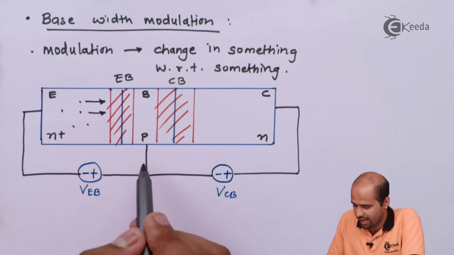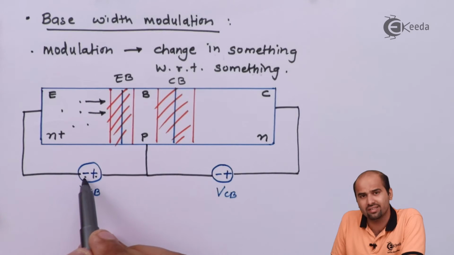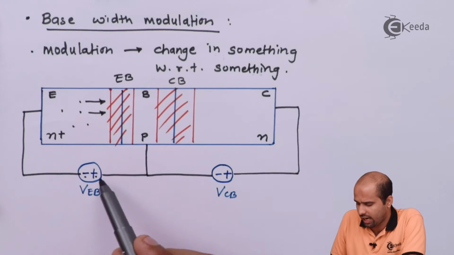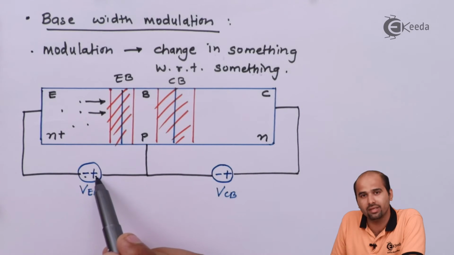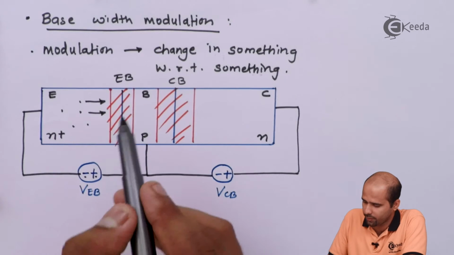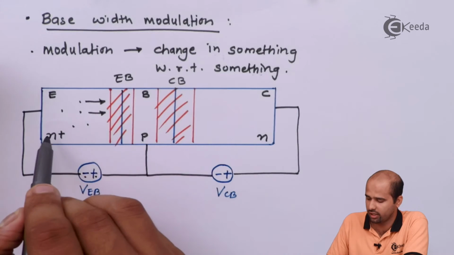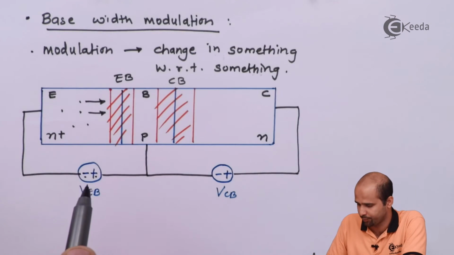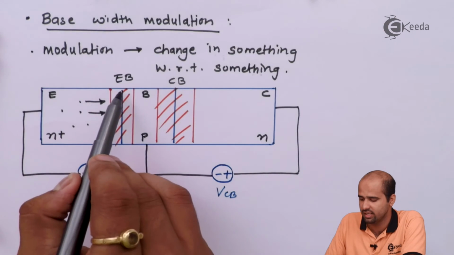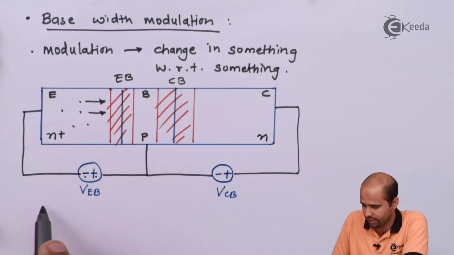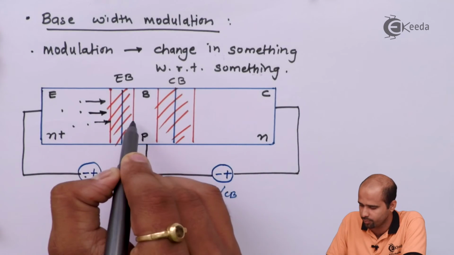And as these electrons are repelled by this negatively charged terminal, these holes will as well be repelled by this positively charged terminal. So what will happen? These electrons and holes will try to enter the N region and P region respectively. This is called the recombination process, due to which I can say this EB junction will be forward bias. So all these electrons will try to enter the region of base.